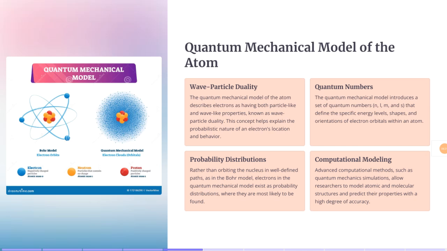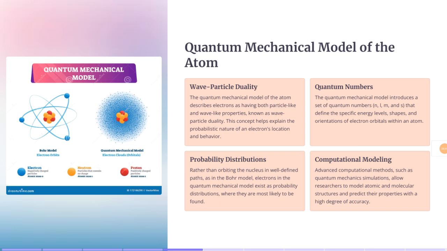Probability distribution. Rather than orbiting the nucleus in well-defined paths, as in the Bohr model, electrons in the quantum mechanical model exist as probability distributions, where they are most likely to be found.